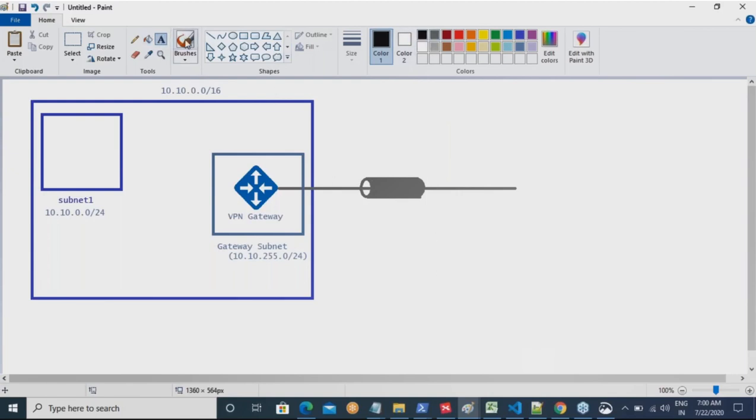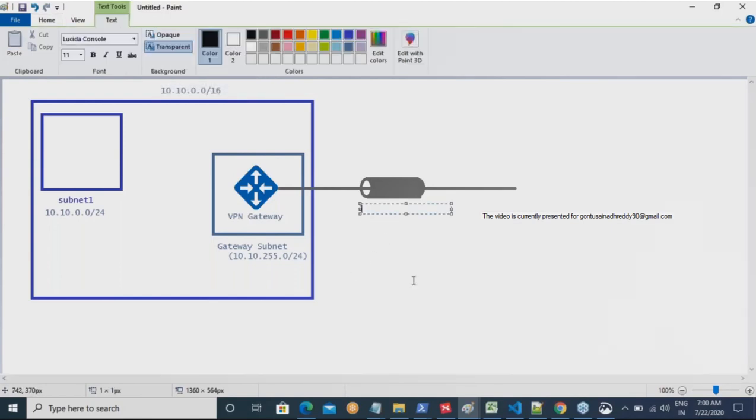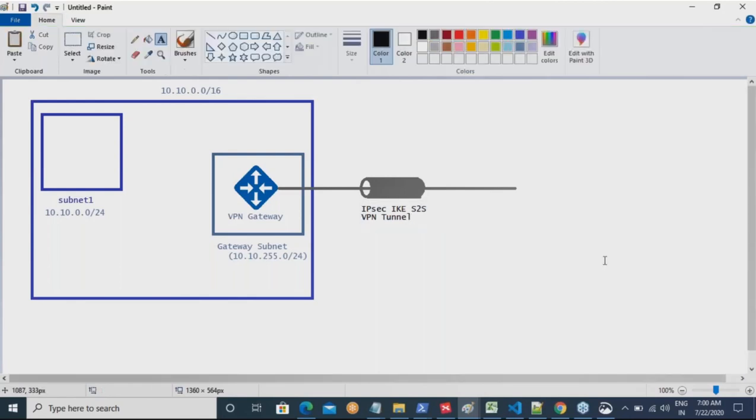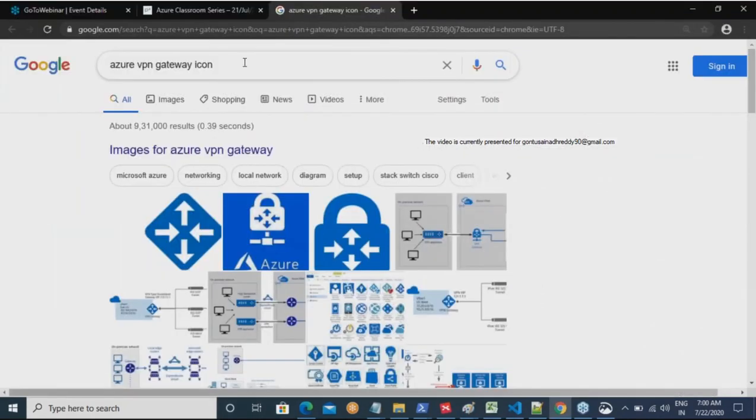So this is referred to as IPsec IKE site to site VPN tunnel.